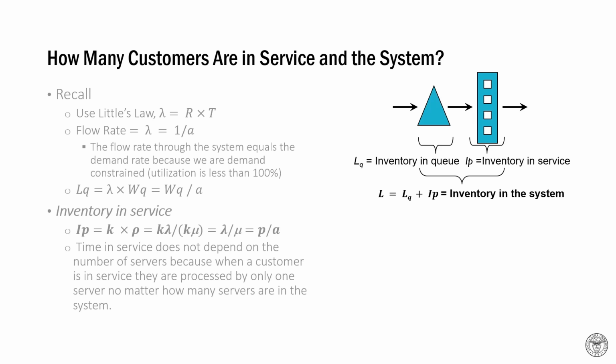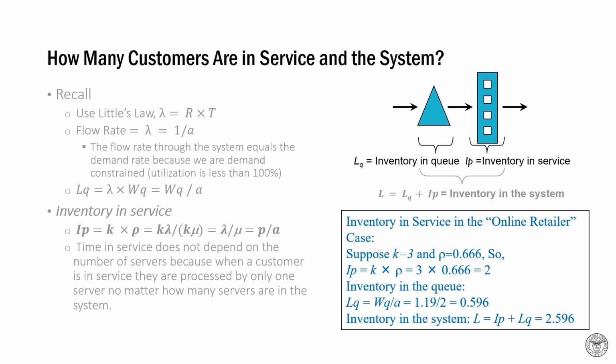inventory in service. As an example, consider a system with 3 servers, K equals 3, and a utilization rate of 0.666. Rho equals 0.666. In this scenario, the inventory in service would be IP equals 3 times 0.666 equals 2.